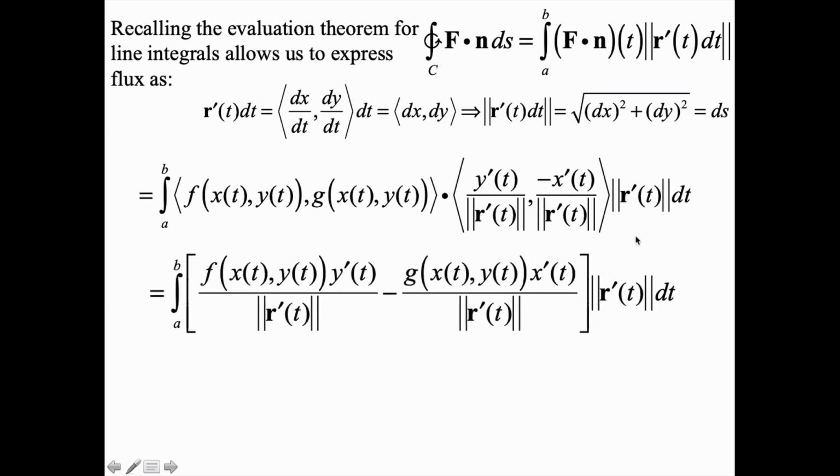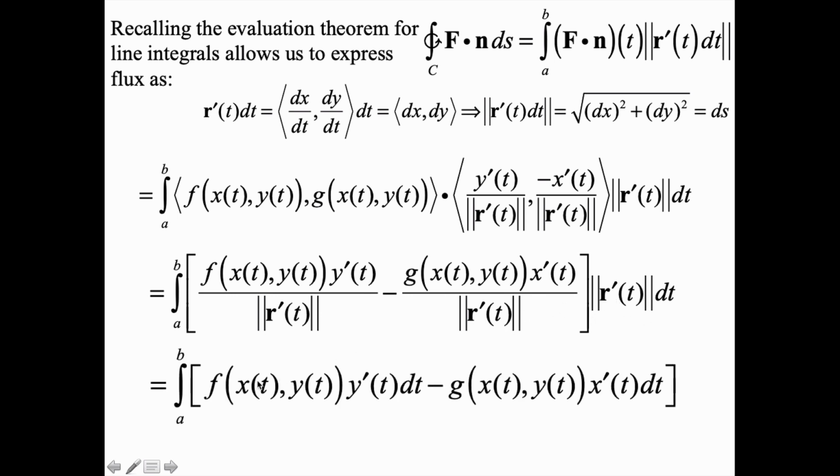Now if you take a moment, you'll notice that if we make this dot product do its thing, and you have the norm of r prime of t on the outside, well, those will interact and cancel out. And you're left with this expression, which might be starting to look a little familiar.